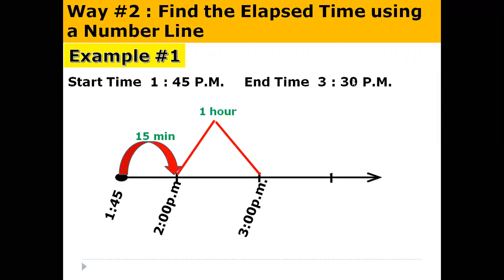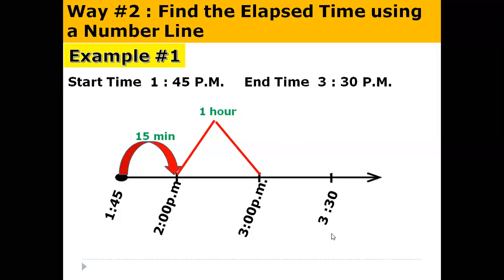And after 3 p.m., when did that event finish? It ends at 3:30. So I don't want to reach 4. I just need 3:30. It doesn't matter that we should have equal spaces here. We just care about the numbers that we write on the number line. So look, when we jump from 1:45 until 2 p.m., we have 15 minutes. And we wrote from 2 p.m. to 3 p.m., there's an hour. So what do you think from 3 p.m. until 3:30?